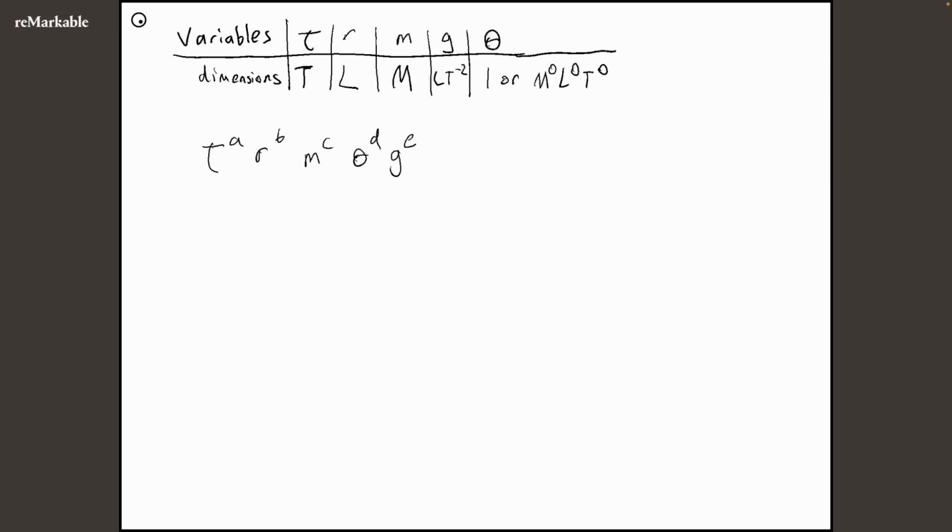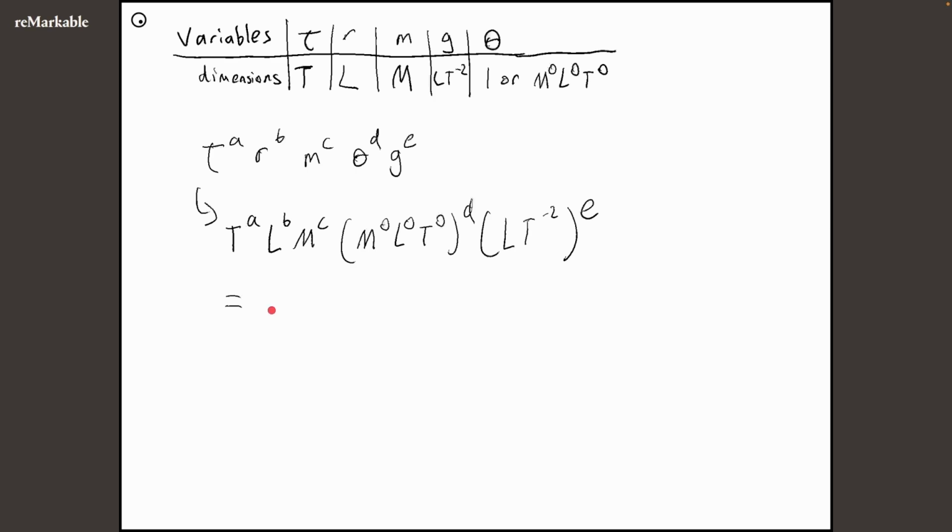Now, when you simplify this to dimensions, it becomes T^A, L^B, M^C, M0 L0 T0 to the D, LT negative 2 to the E. This can again be simplified to M^C, L^(B plus E), because we gathered the L from the B here and the L from the E here, and T^(A minus 2E), because we gathered the A from here and negative 2E from here.